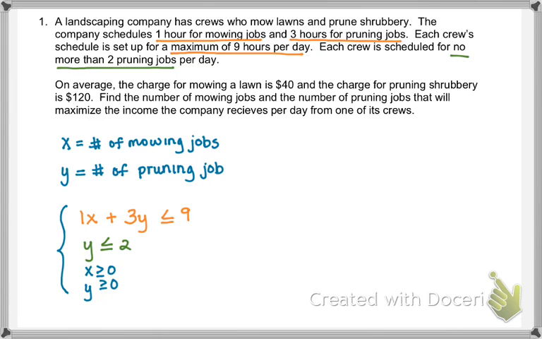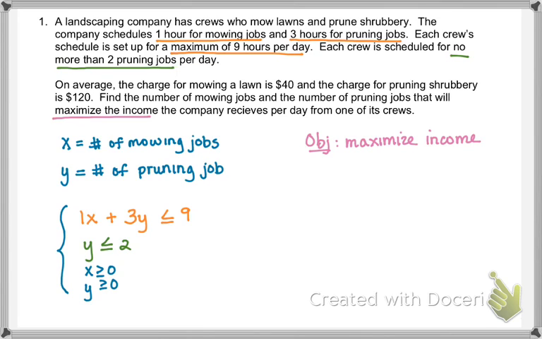What's our goal here? So they're asking us to figure out how many mowing jobs and pruning jobs we should do in order to maximize income. So our objective, our goal here, is to maximize income. And so we have to come up with a rule to calculate, well, how am I going to figure out how much money I take in?